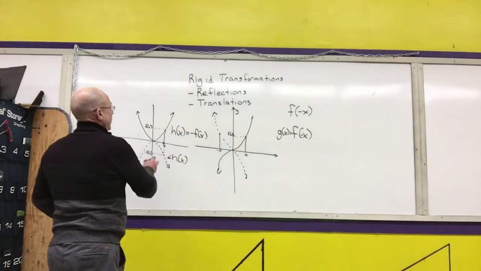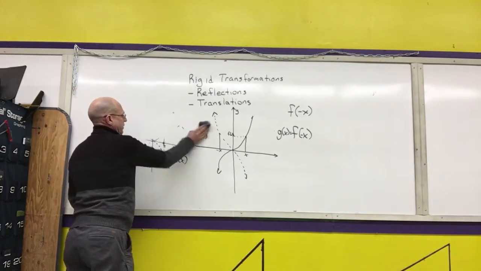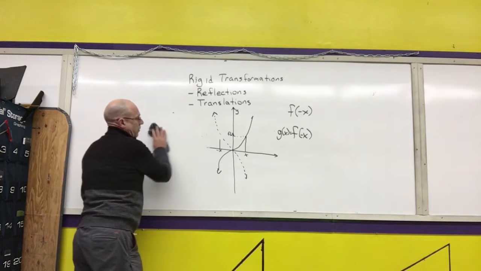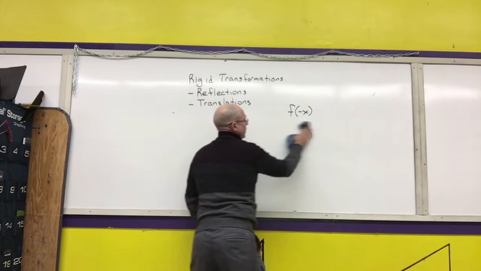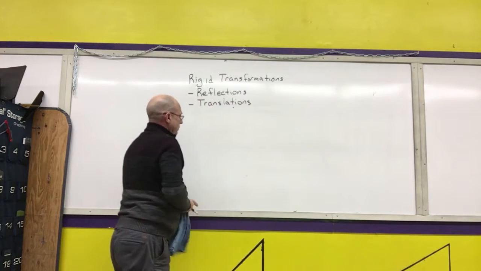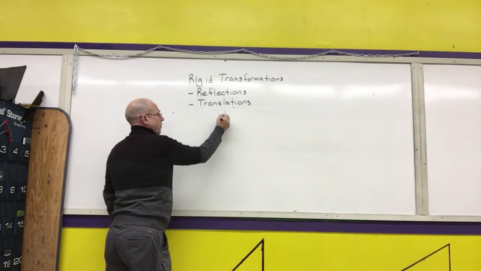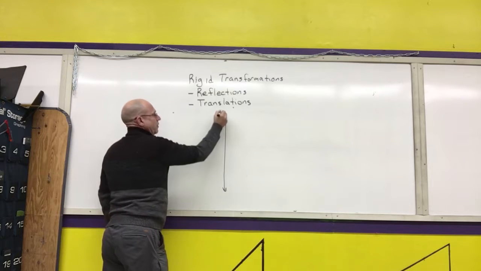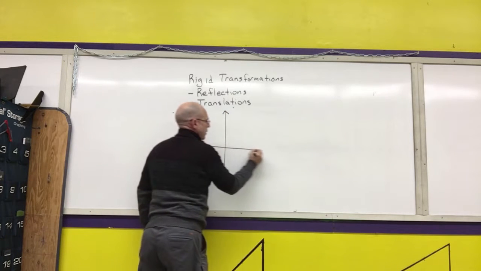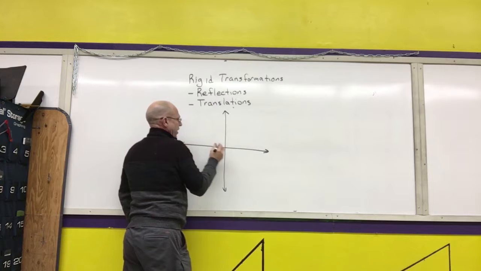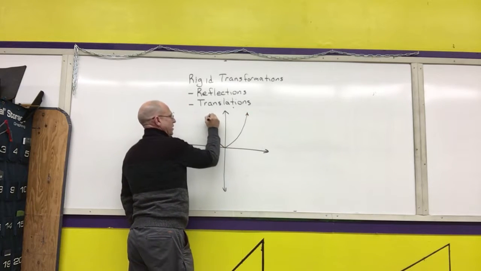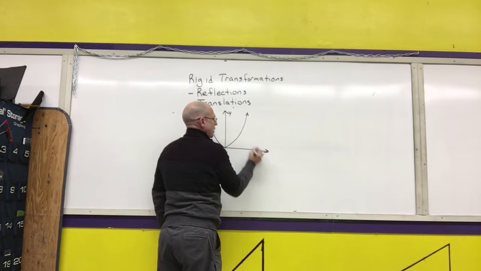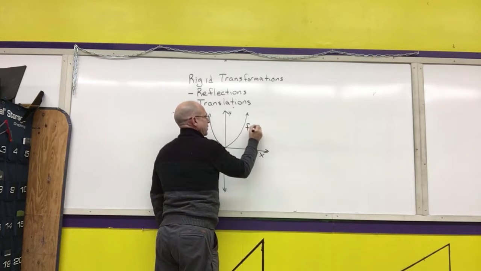Our next type of transformation is the translation, which means something moves up, down, left, or right. So we draw this graph right here. I'm going to put the typical y equals x squared up here. Call that f of x.